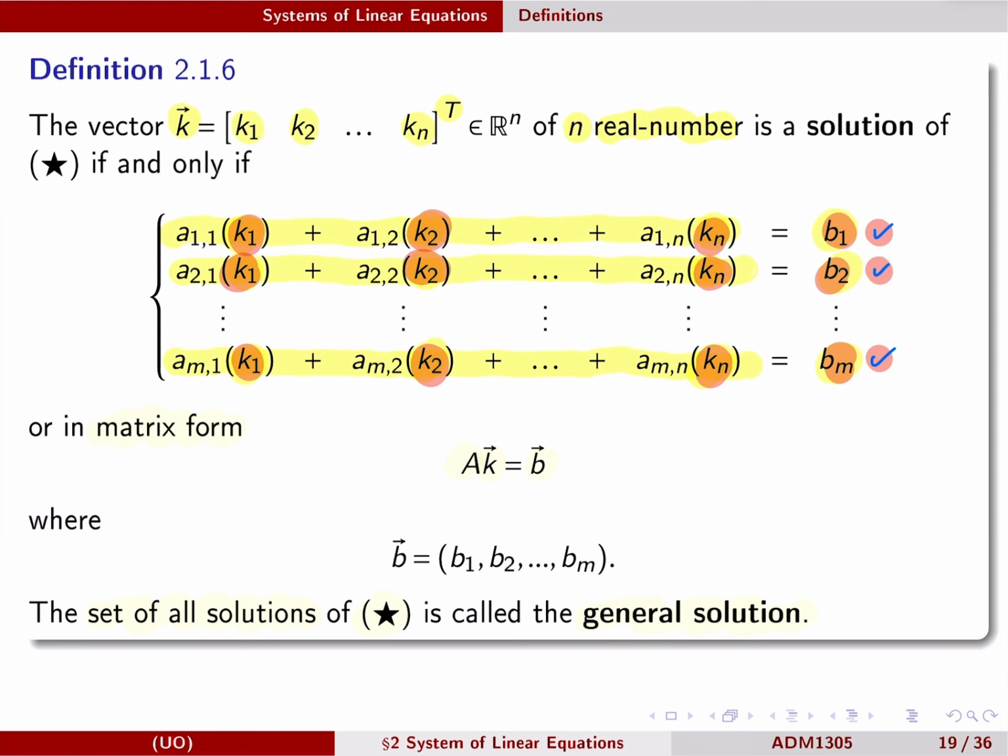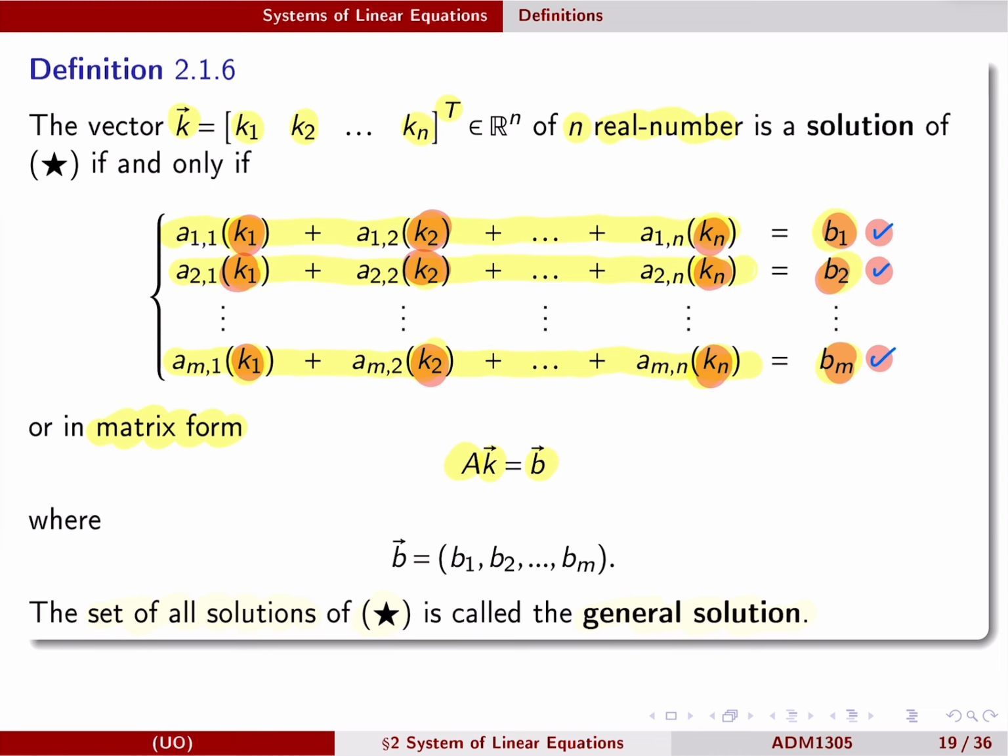Another way to check if a vector, or n numbers, is a solution of a system of linear equations is by looking at it in matrix form. If you take the coefficient matrix and you multiply it by the column vector k, and you get, as a result, the column vector B, that's one way, maybe a creepier way, but that's one way to check if k is a solution of that system.